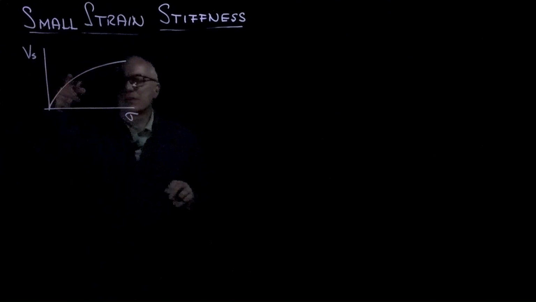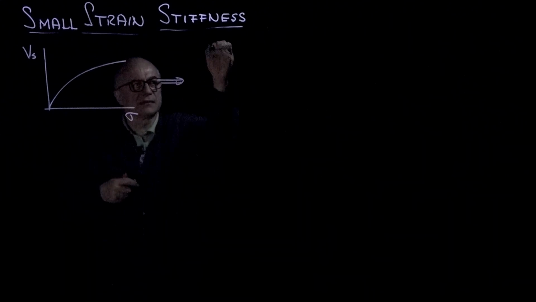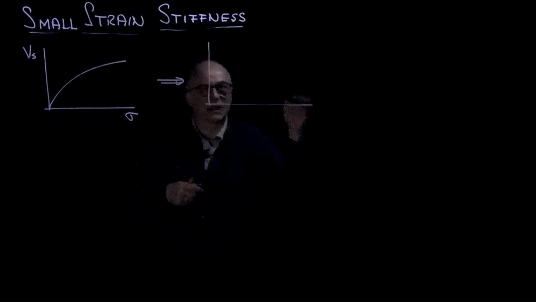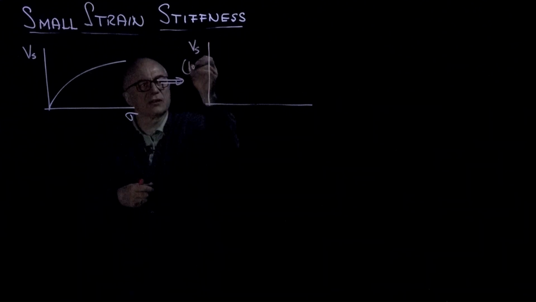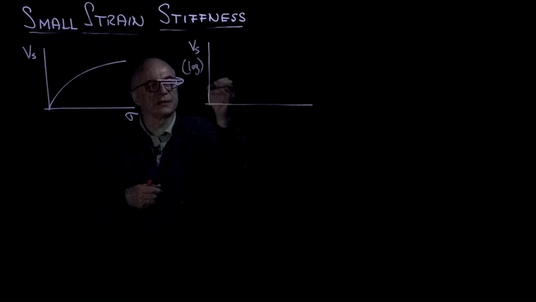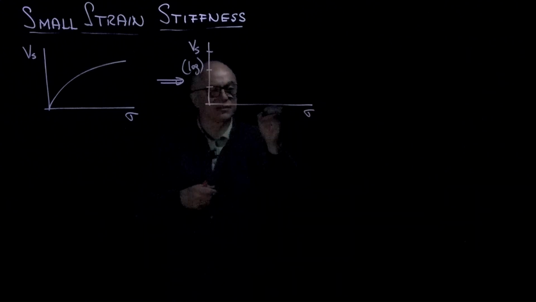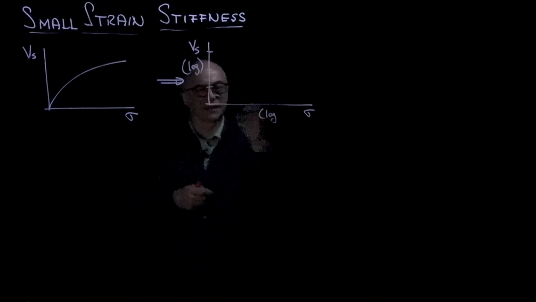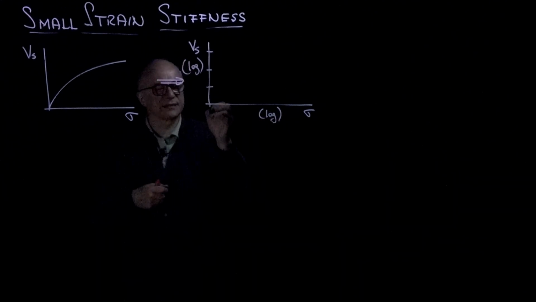Now, because this is a power function, when I plot it in log-log scale, this becomes a line, and this is the shear wave velocity in logarithmic scale. So this would be 10, 100, 1,000. And this is the applied effective stress also in logarithmic scale. So where this is 0 in logarithmic scale, actually this is 1 kPa.